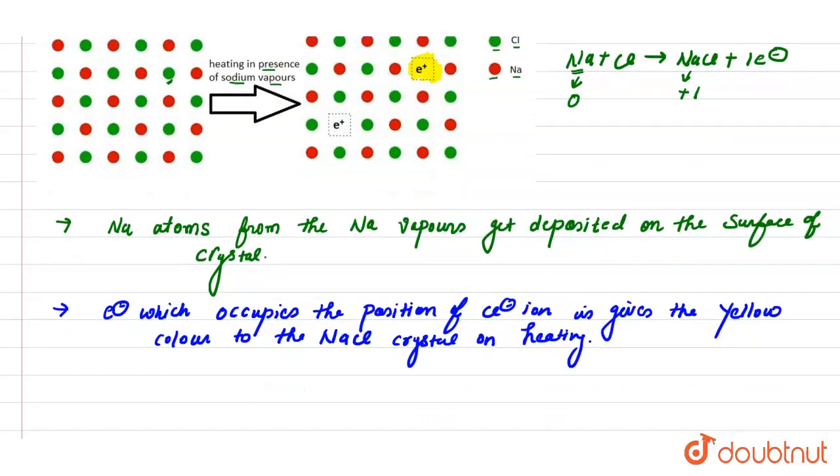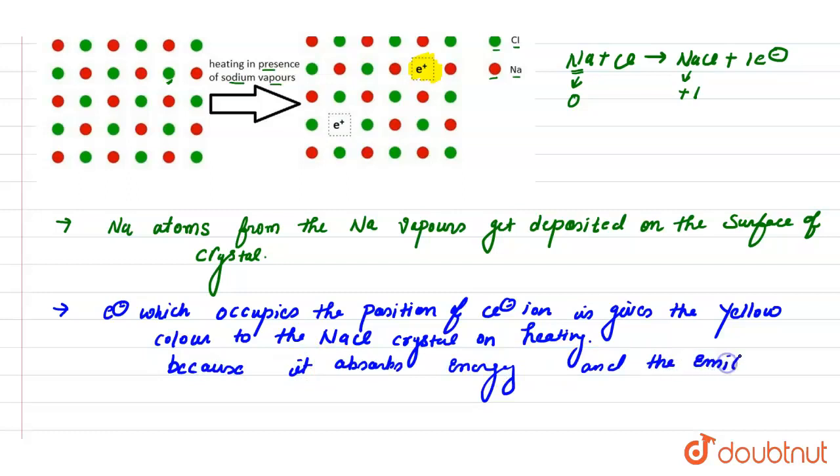Why is it so? Because it absorbs energy and emits the energy in the visible region, thereby imparting the crystal its color.